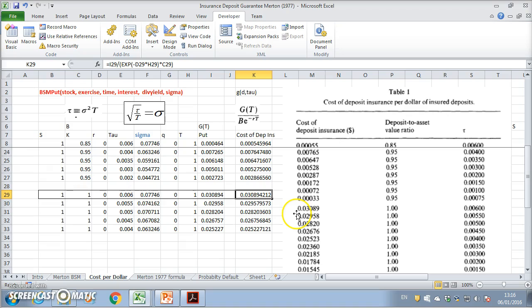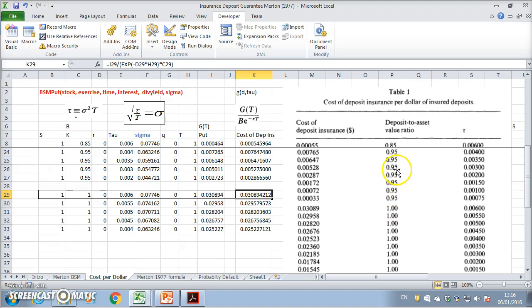So for $100, the cost of insuring deposits would be $3.09 approximately. So these costs can be quite substantial. They're not trivial. The costs here are very, very steep at times.